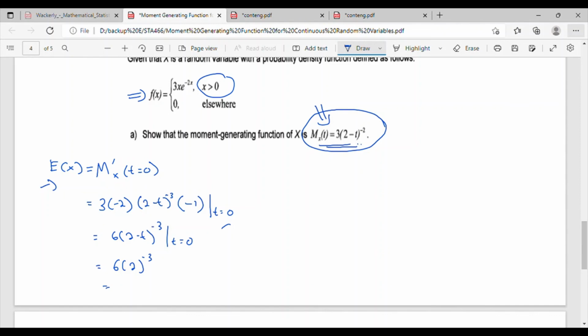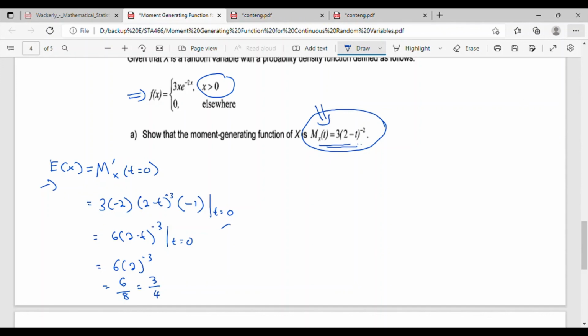What do we get? 6 over 8, which is 3 over 4. Okay, the mean for random variable x.